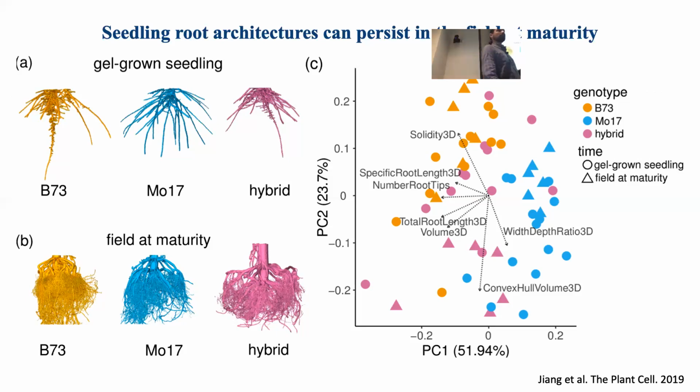And if you look at any one of the single traits, you get the same pattern. If one genotype was bigger as a seedling, bigger in the field, vice versa. But you can kind of see it all here. The hybrid's a little funny because here we don't get hybrid bigger, but here we do. So these in the field here, these are just much bigger plants. That makes sense.